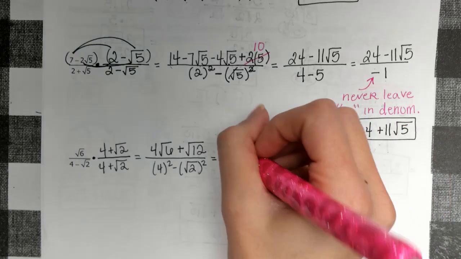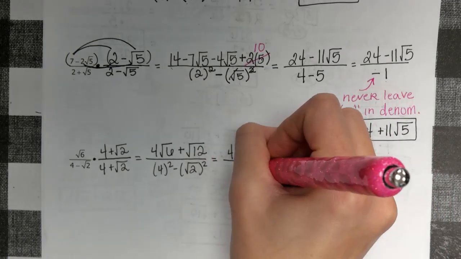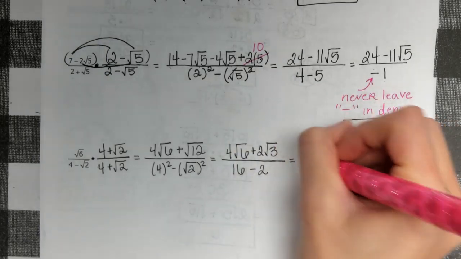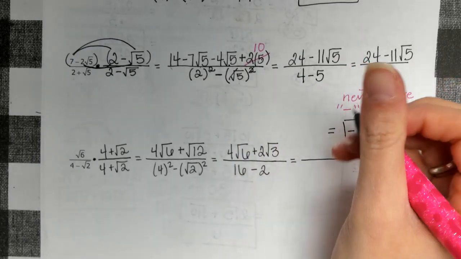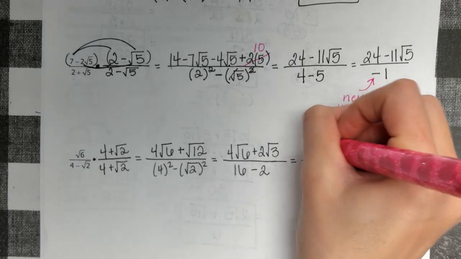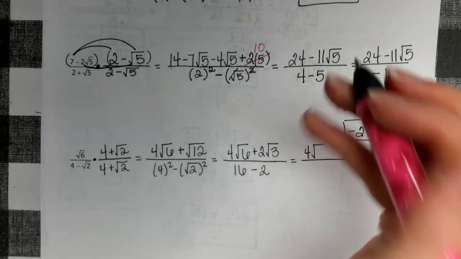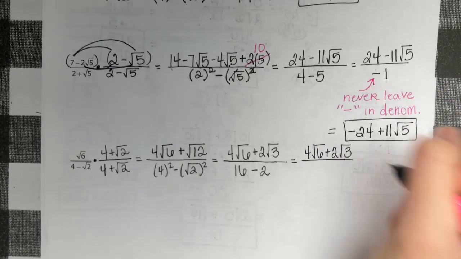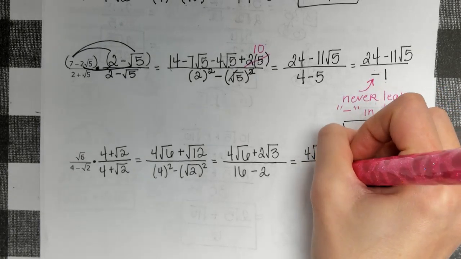And then your 4 squared is 16 minus square root of 2 squared should have been 2. So you get 4 square root of 6 plus 2 square root of 3 over 14.